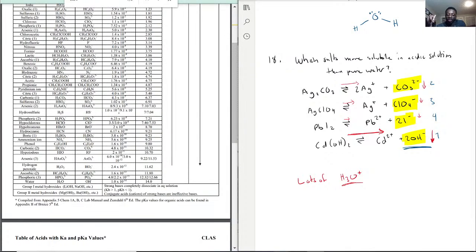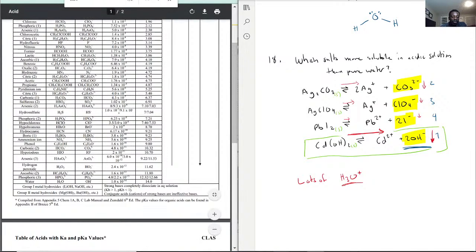All this roundabout way is saying that Cd(OH)2 will be the most soluble, because more of its product is being used up, making the equation go towards the products, meaning you have less reactants, making this more soluble. Everything here should start as solids, so because you're consuming more solids, you're making it more soluble.